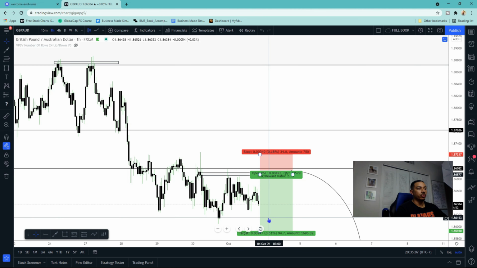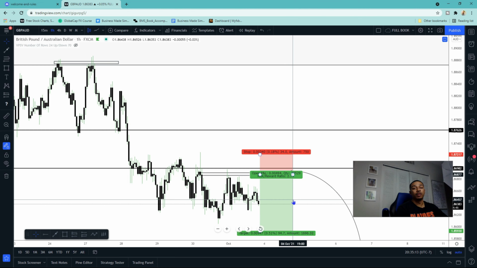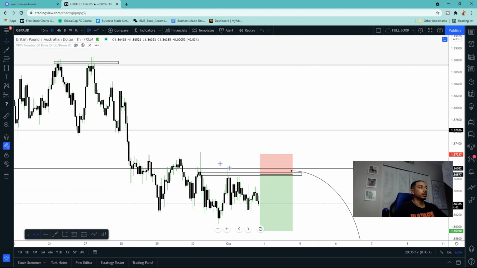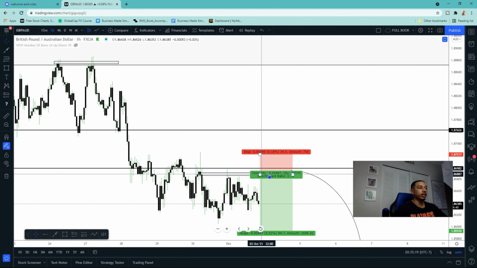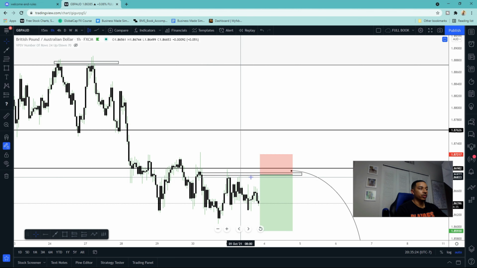It will be roughly a 94 pip take profit with a 34 pip stop loss. Now, that's almost a 3 to 1 risk to reward, so it's not bad, but I'm going to see if I can get something up in this area here where this horizontal box is before I get into the market.